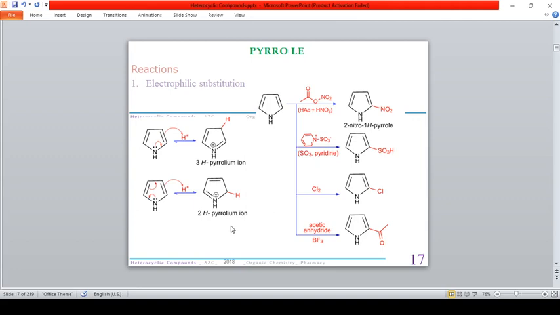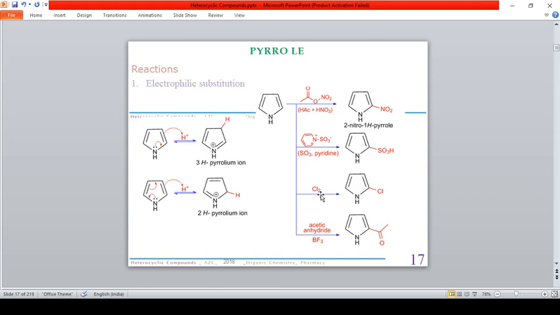Now if we react pyrrole with SO3 and pyridine, this will result in the formation of an intermediate of this kind, which will result in the formation of carbon 2 substituted pyrrole, and the substitution is SO3H.